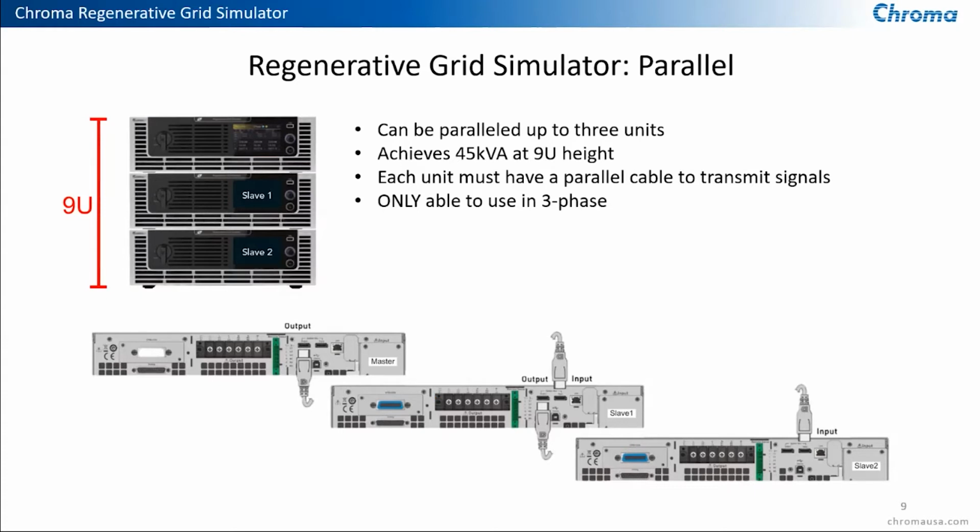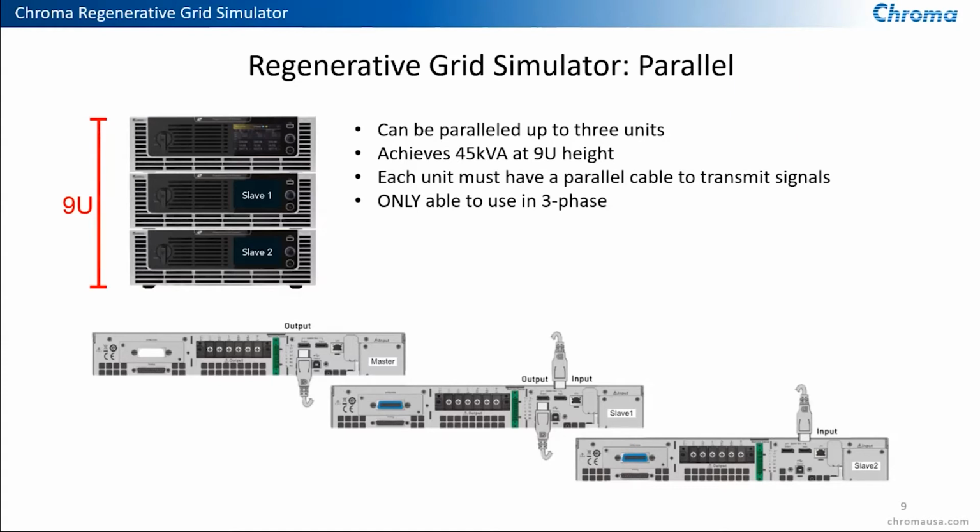That gives you a maximum total output power of 45 kVA with our 61815 15 kVA unit. So if you parallel 3 of our 15 kVA unit, you'll get that 45 kVA maximum total output when paralleling.